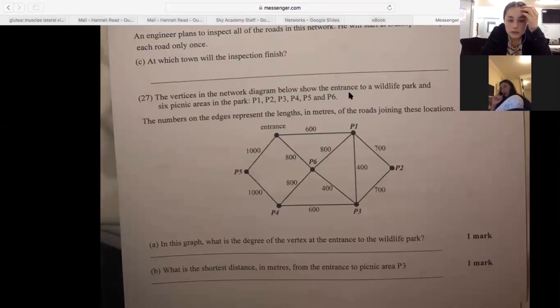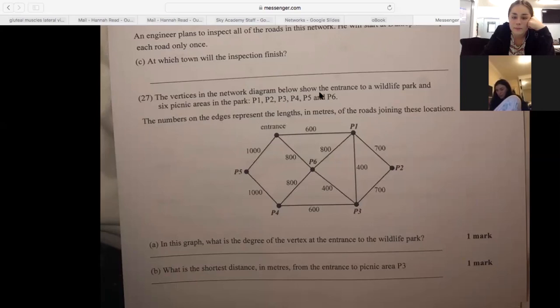Which one's the entrance? Oh, yes. I was like, which one's the entrance? It doesn't say. And then it's right there. Yes, 3.